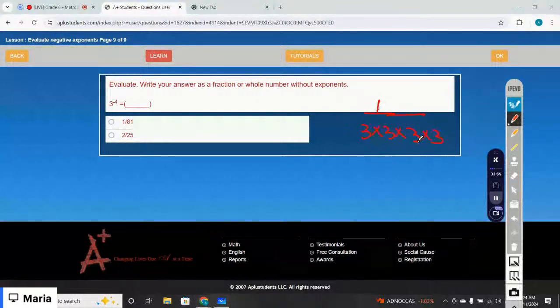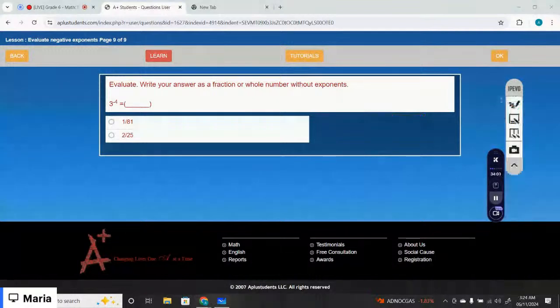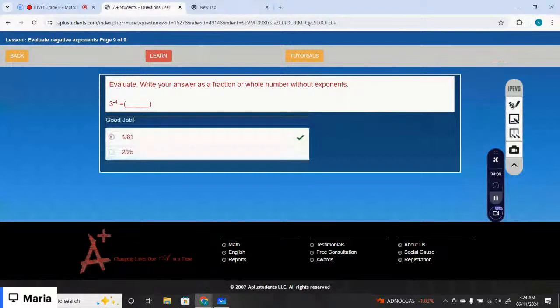So 3 times 3 is 9, 9 times 3 is 27, and 27 times 3 is 81. So the correct option is 1 over 81. Option number 1 is the correct option. Got it?